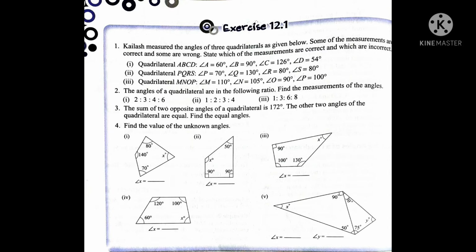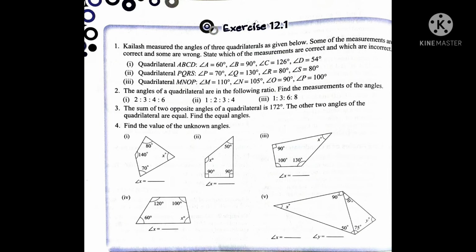After that you have to sum all the angles, which will be equal to 360 degrees. After solving the equation, you will get the value of x. Then you put the value of x in each angle, that is in 2x you put the value of x. Then you will get each angle of the quadrilateral. So students, try to do this question.